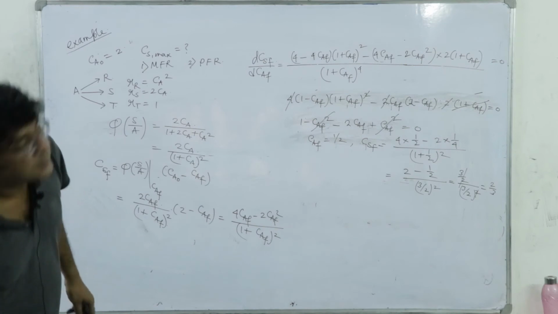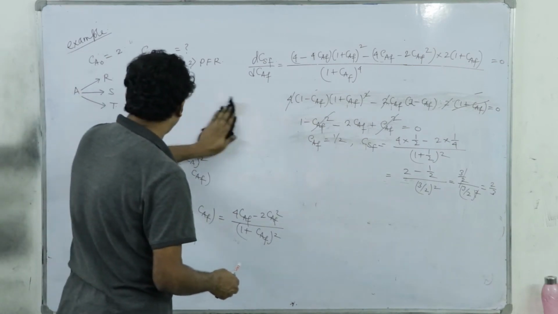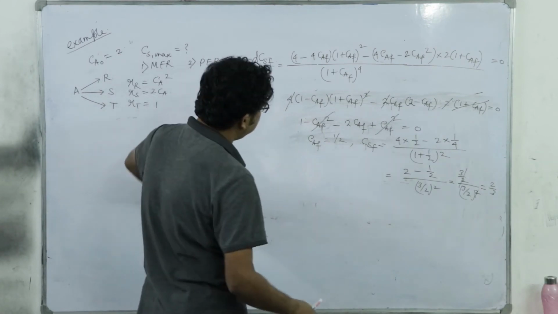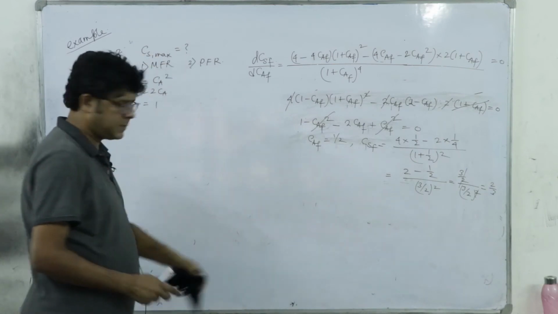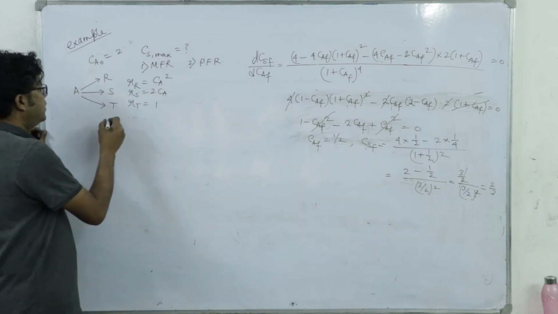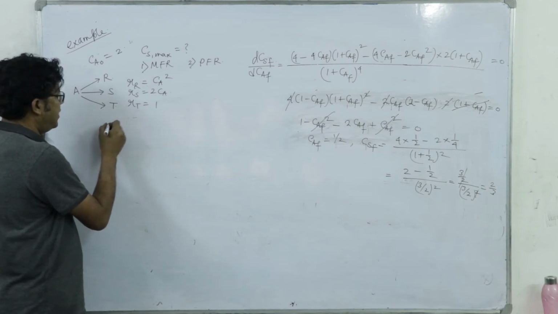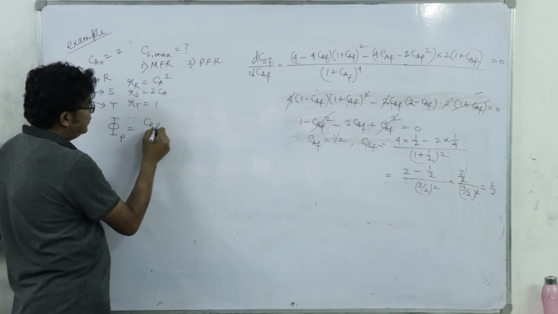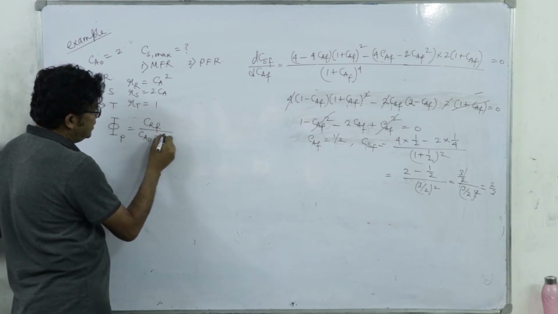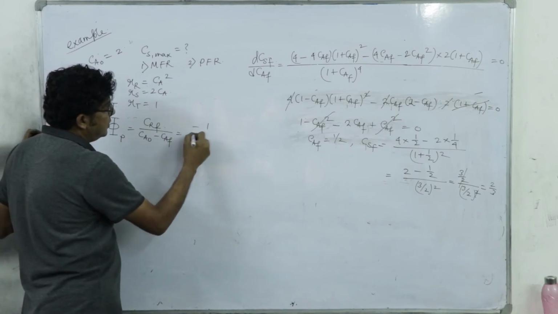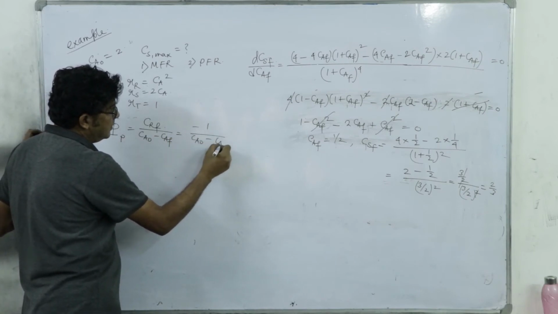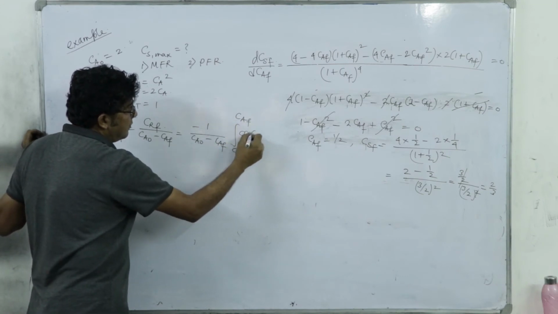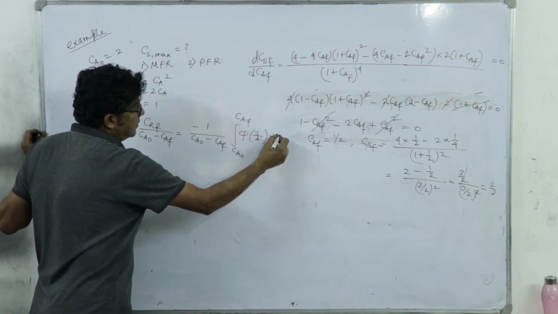Now if I repeat the same procedure for PFR, what will we get? Here for PFR, phi P is equal to CSF divided by CA0 minus CAF, which is minus 1 over CA0 minus CAF times the integral from CA0 to CAF of phi S/A dCA.